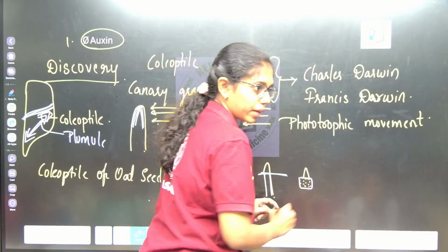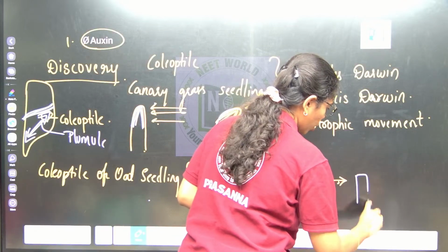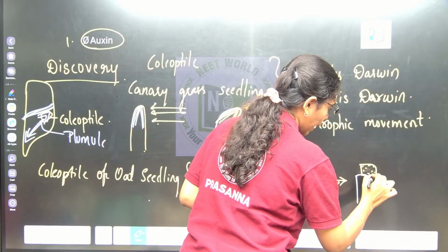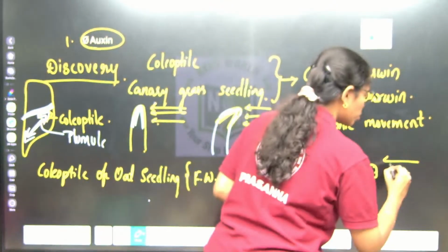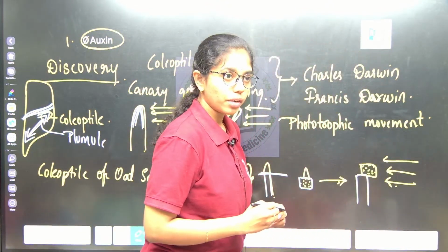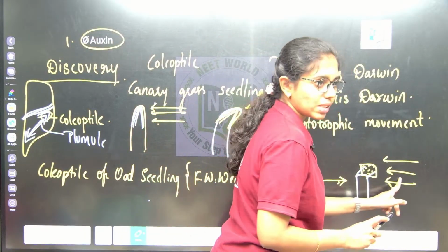After a certain period of time, this agar block was placed over the decapitated oat coleoptile, and this was exposed to unilateral sunlight. They observed that there is a bend shown towards the sunlight.